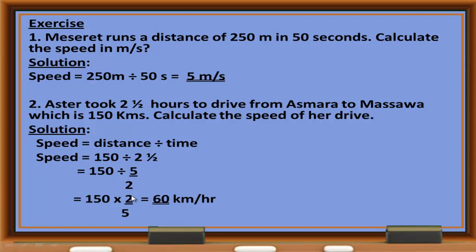That is the reciprocal of the given one, since we have changed the division to multiplication. Here 5 into 150 is 30. 30 times 2 is 60 kilometer per hour. The speed was 60 kilometer per hour.